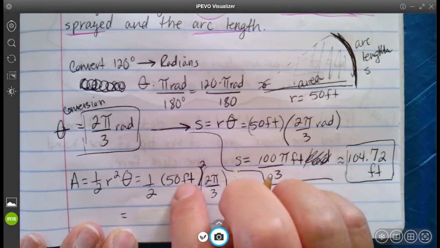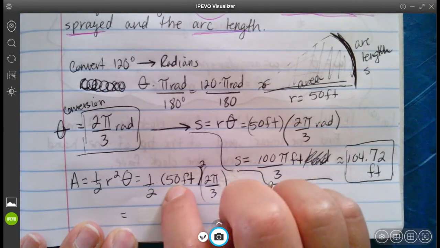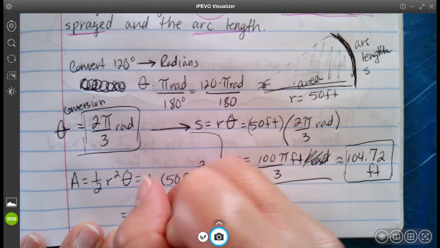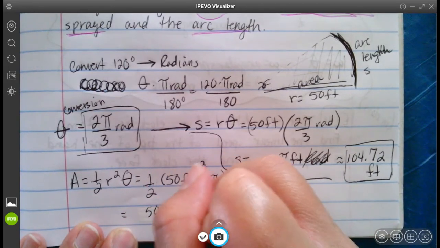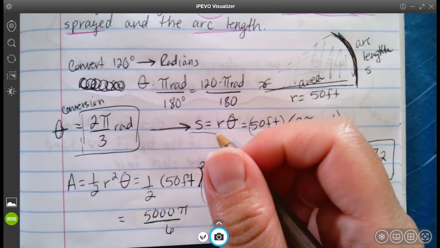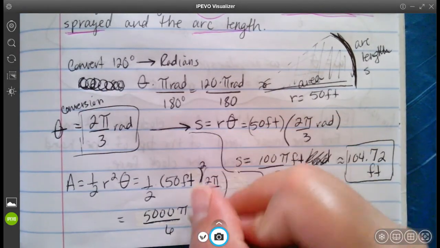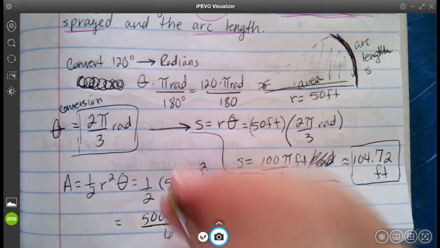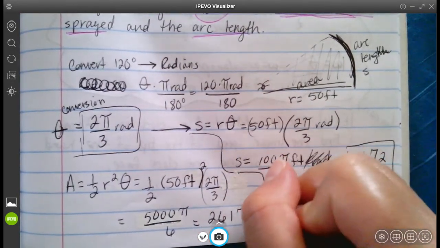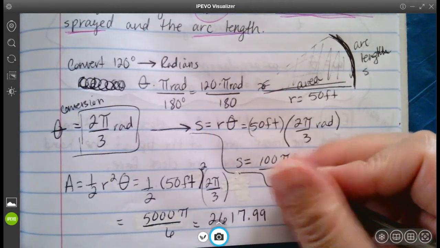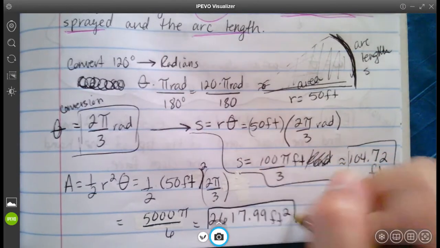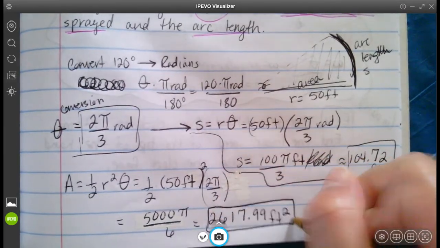So 50 squared is 2,500, times 2 is going to be 5,000 pi over 6. And we just simplify that. I'm getting 2617.99, and this is in feet squared because it is an area. And yeah, that's basically it.